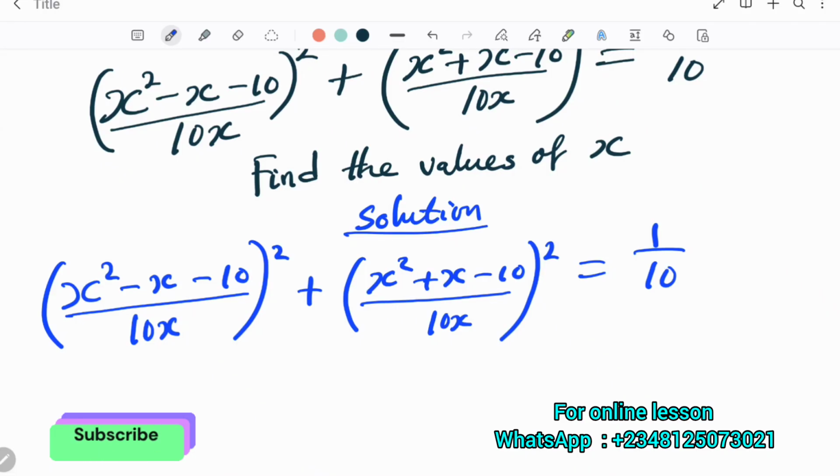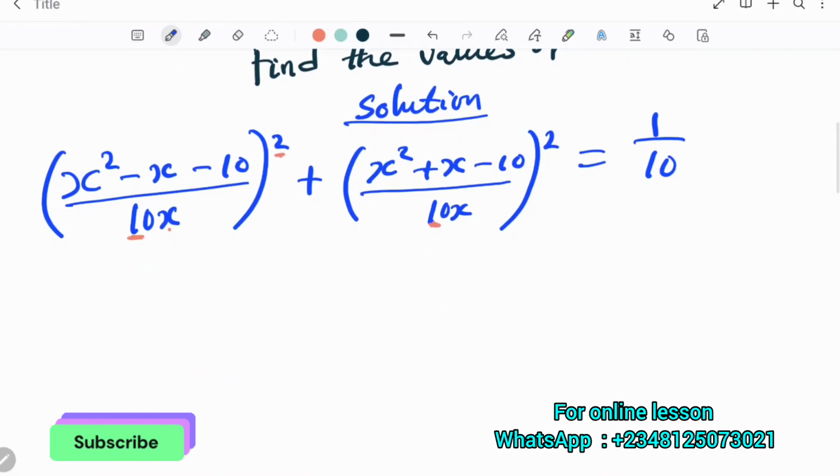Let us observe that we have this square affecting both the 10 and the x. So we can bring out this 10 outside, then square it, so that the work can be easy for us.